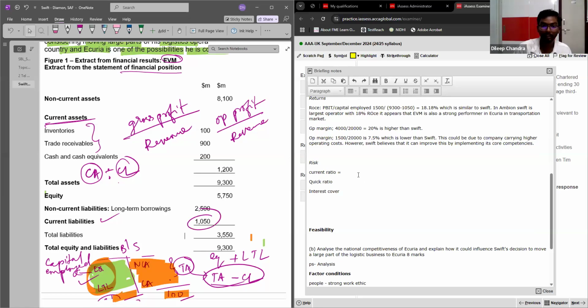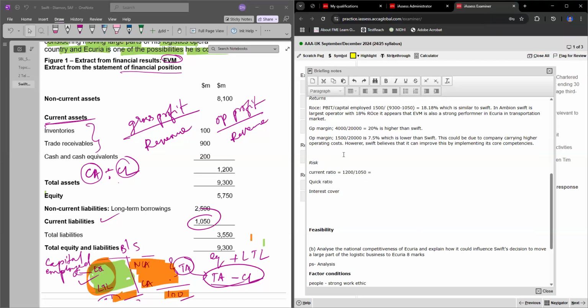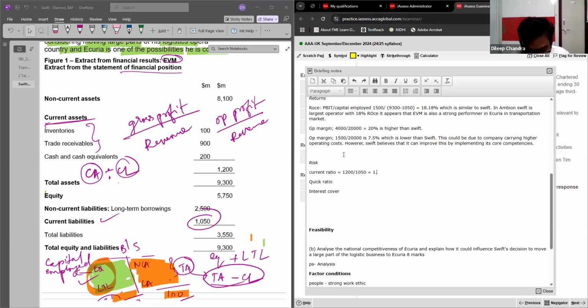So calculate and tell me how much is the current ratio of EVM. 1.1429. We'll resort to two decimal places. So the current ratio is 1.14.